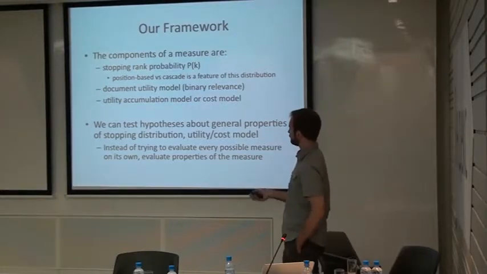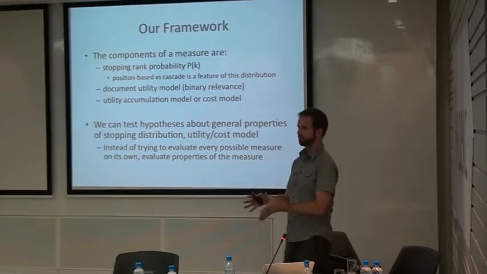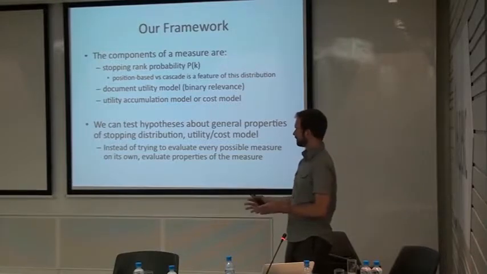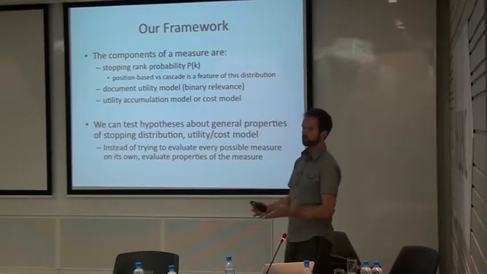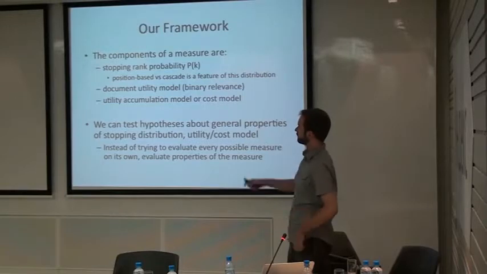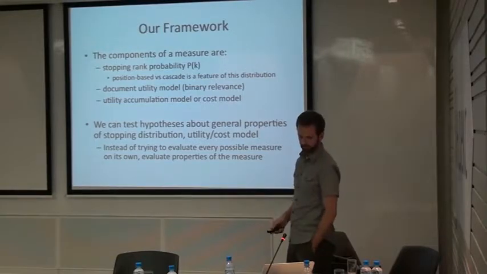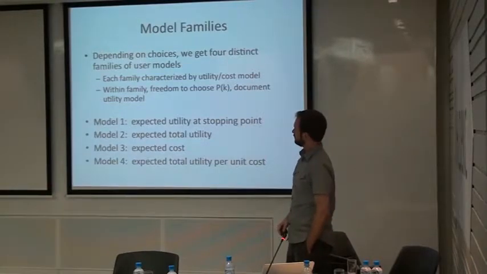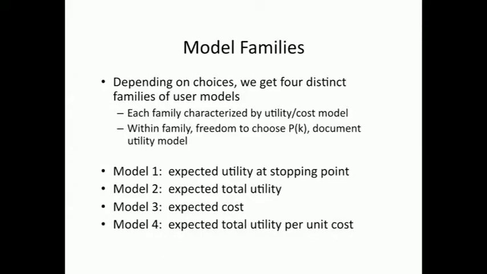So I'm going to formalize this a little bit. I'm going to change the rank discount function to a stopping probability distribution, which is going to be P of K. And that's going to be essentially the probability that you stop at a given rank K in the ranked list.